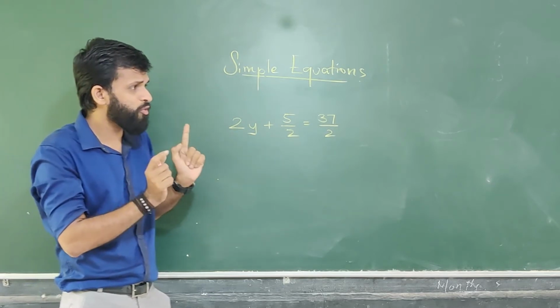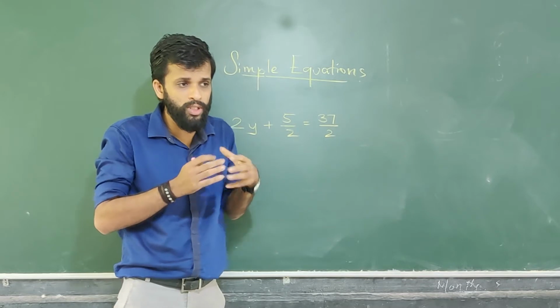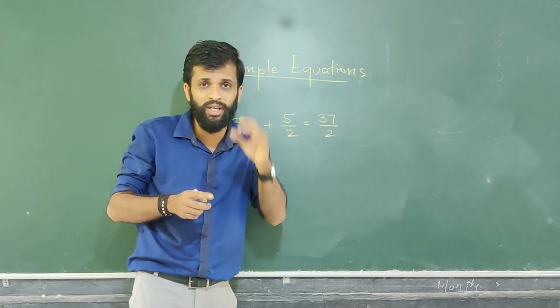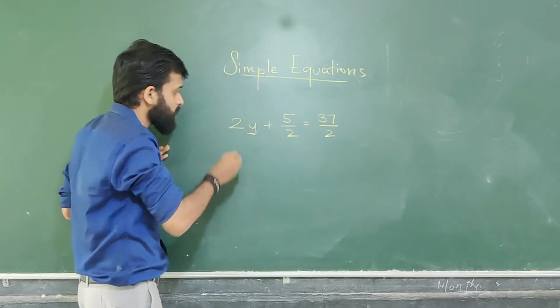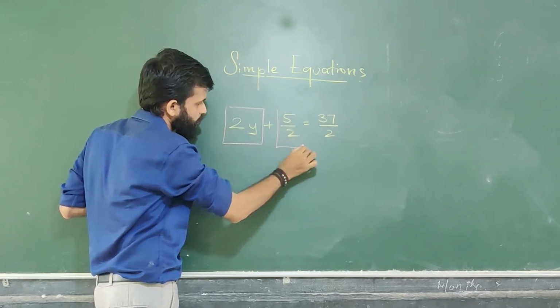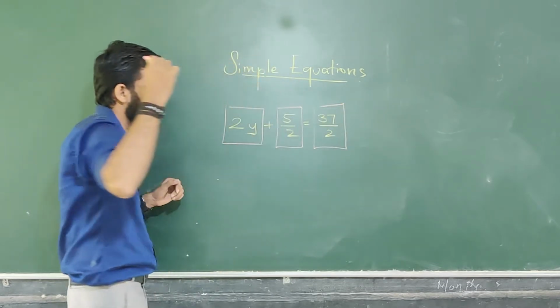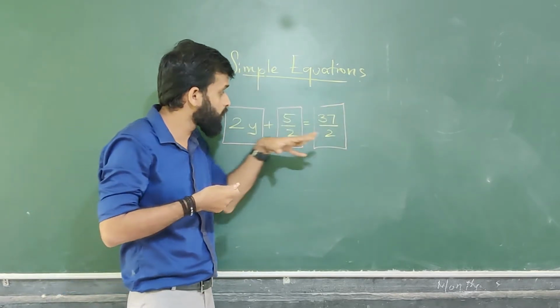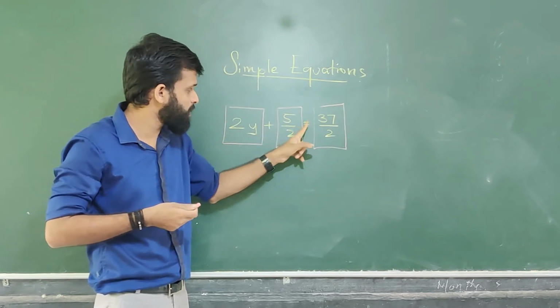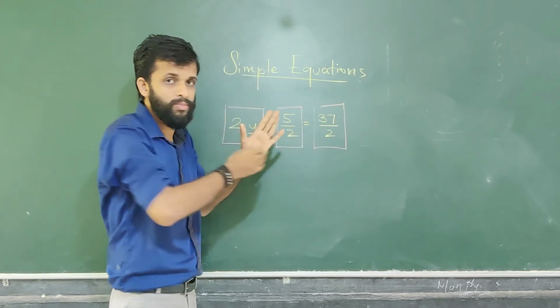First of all, in case you are just starting to solve this and you find it difficult, the simple logic is to put them in boxes. How do I know where to put the box? These are my barriers which tell me this is one part and this is the other part.